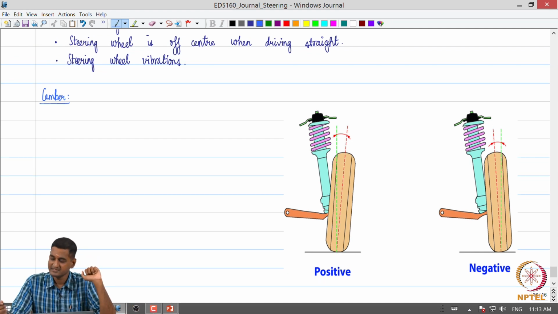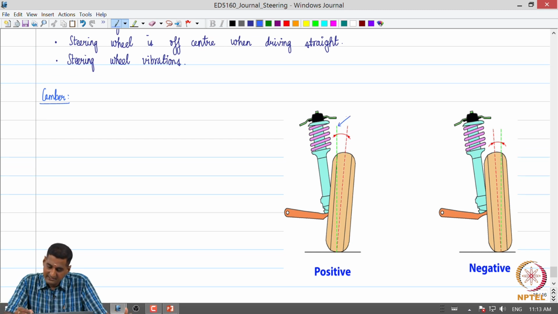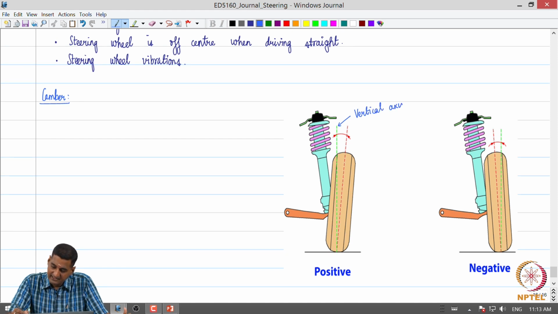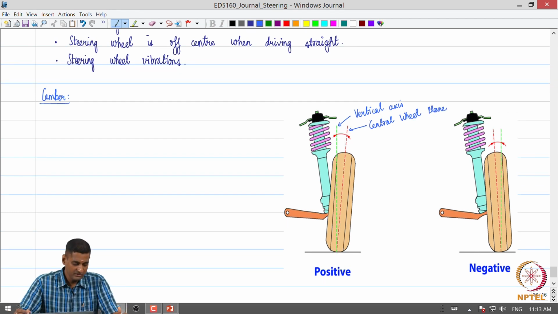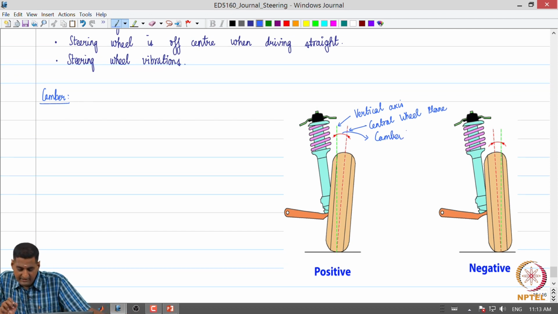So, let us say this green dashed line is the vertical axis, this red dashed line indicates the central wheel plane. Essentially, it is the angle made by the central wheel plane with the vertical axis when we view from the front of the vehicle. Okay. So, this is what is called wheel camber.